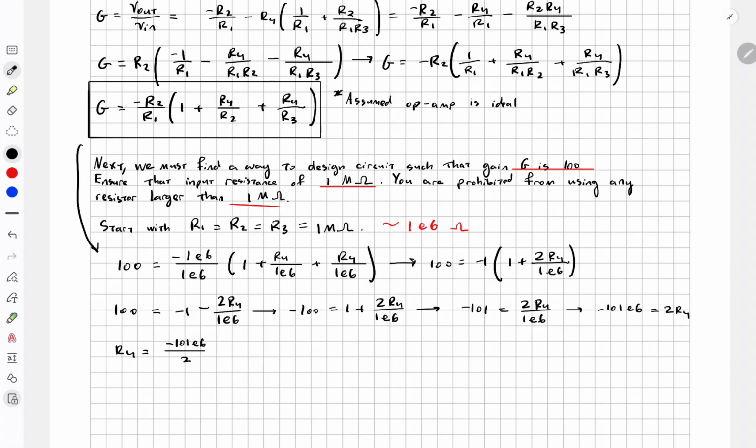And I'm trying to not use this calculator.